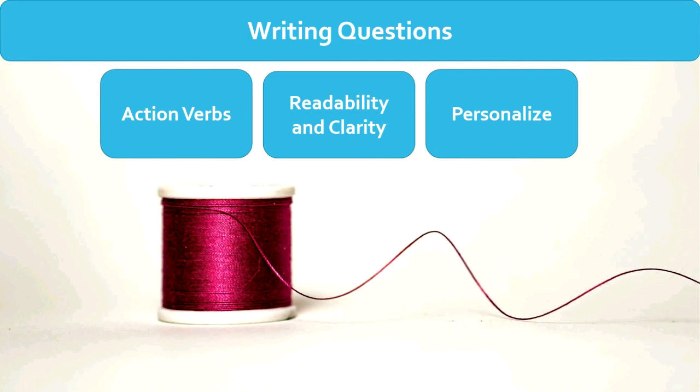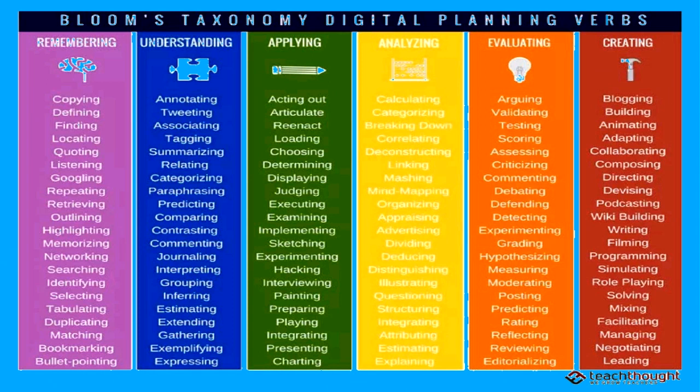Now, I mentioned those action verbs, and I came across a chart, which is kind of cool. This comes from Teach Thought, and it breaks down Bloom's taxonomy digital planning verbs, because now that we're online, there are some additional verbs that we can look at, such as Googling, journaling, podcasting.